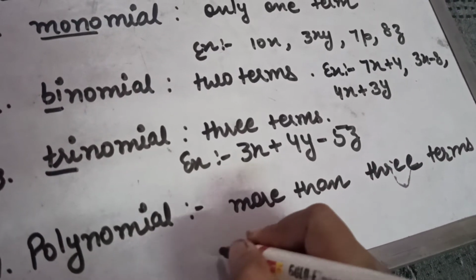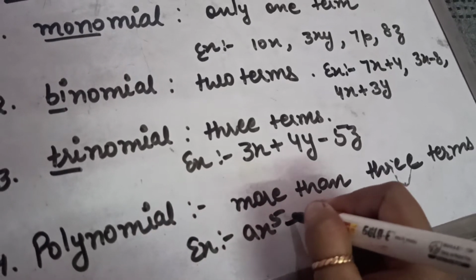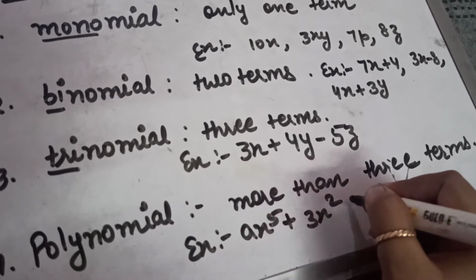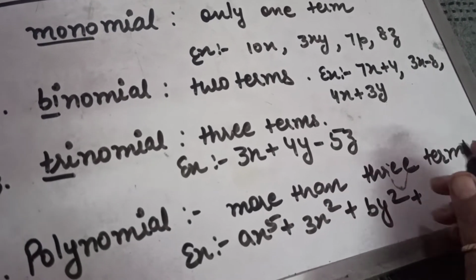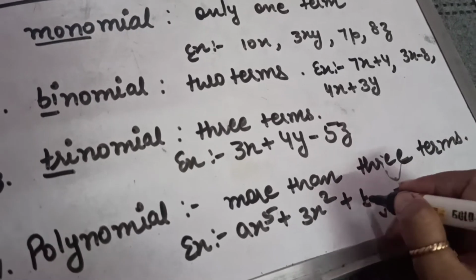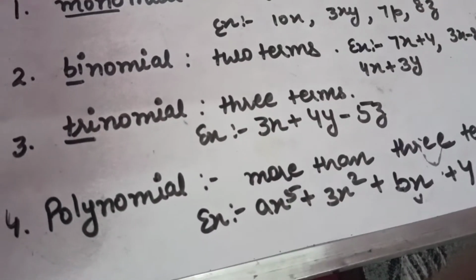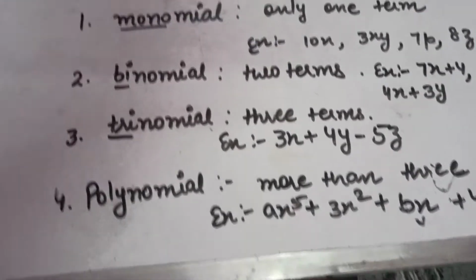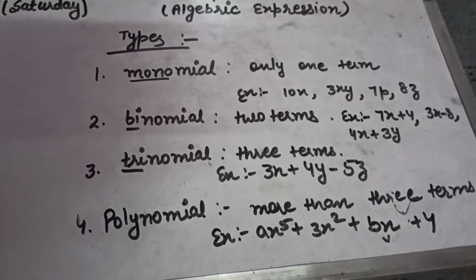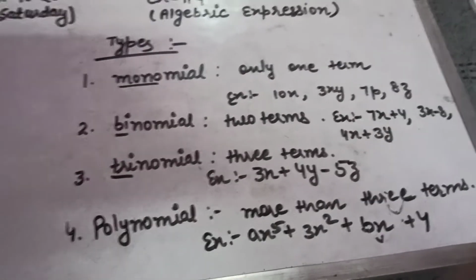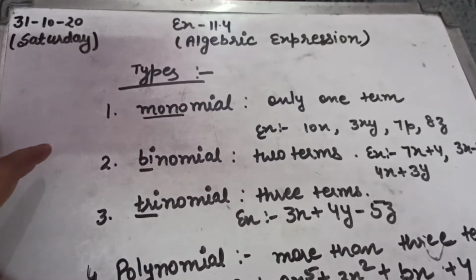Like ax^5 plus 3x^2 plus by^2 plus bx plus 4. See, there are 5 terms, more than 3, so that is polynomial. Right, students? So there are the 4 types of algebraic expression.